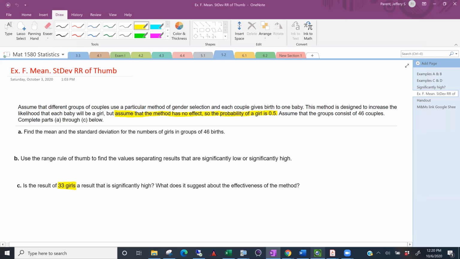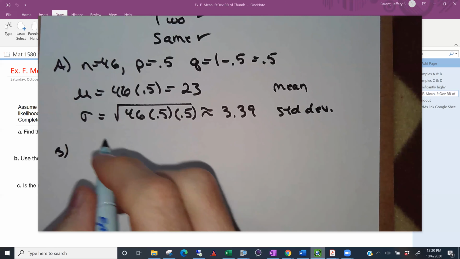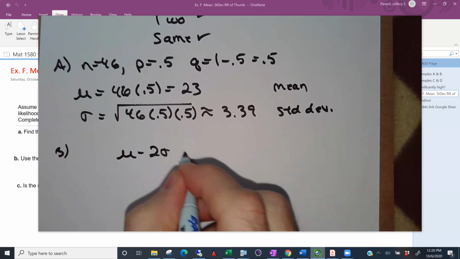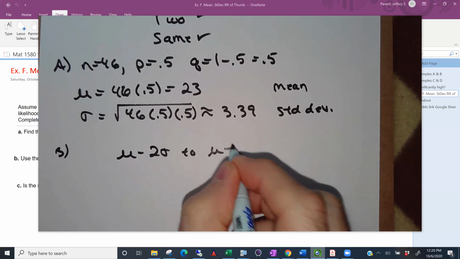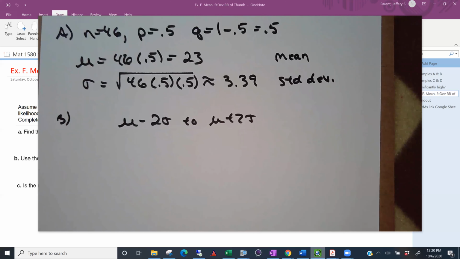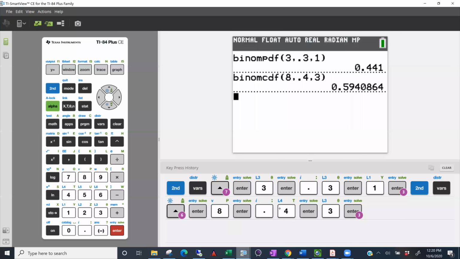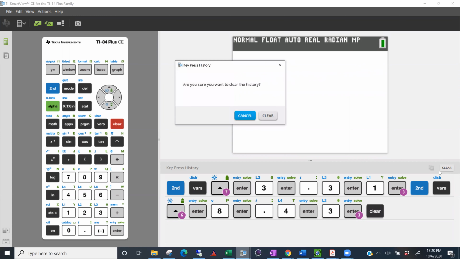Part B says use the range rule of thumb to identify the values separating the results that are significantly low or significantly high. So as a reminder, the range rule of thumb was this. It's mu minus 2 sigma to mu plus 2 sigma. Okay, so let's do that. And I'm going to do it on my graphing calculator here. Let me clear out this junk here.